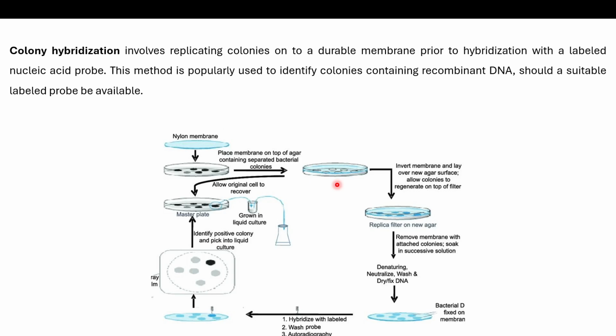Because it is a permeable membrane, the bacterial colonies can take up nutrients from the medium in the plate, and they can divide and grow. Now, invert the membrane and lay it over a new agar surface, allowing colonies to regenerate on top of the filter.